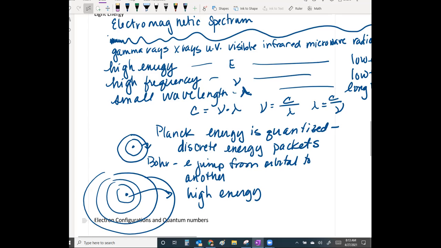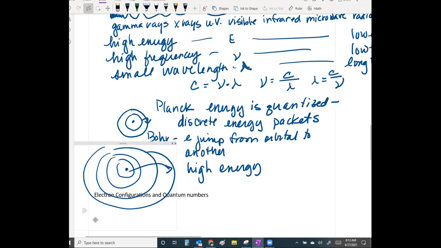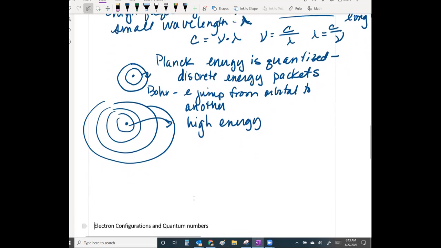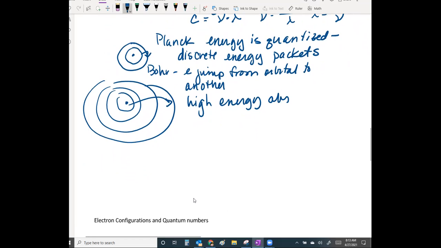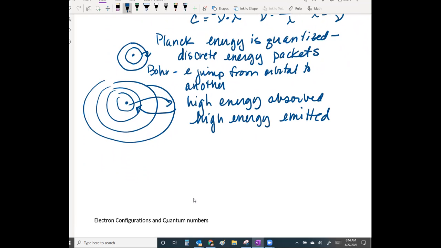And then it's going to release a lot of energy when it falls back. So the bigger the jump, the higher the energy. A small jump, let's say you have an electron here in this energy level and it goes that far, that small jump is not going to release as much energy. So this would be less energy because it's a smaller jump.